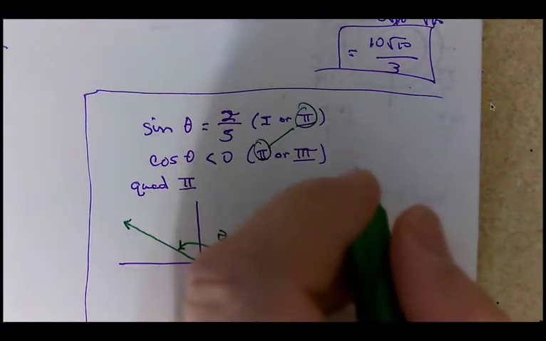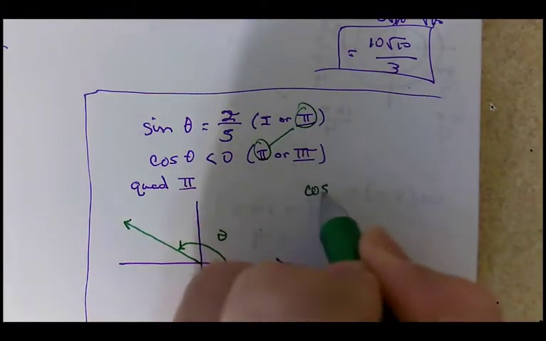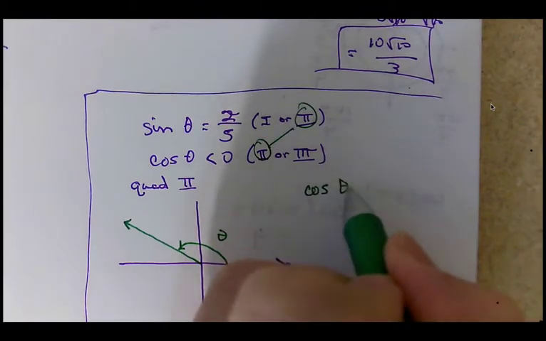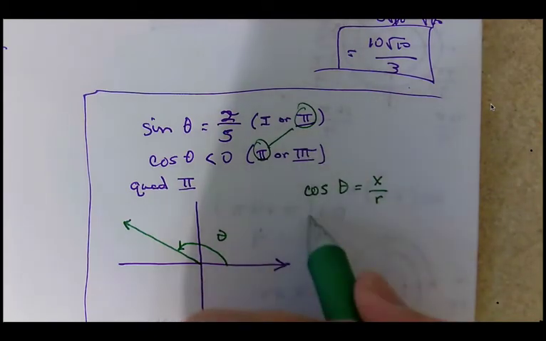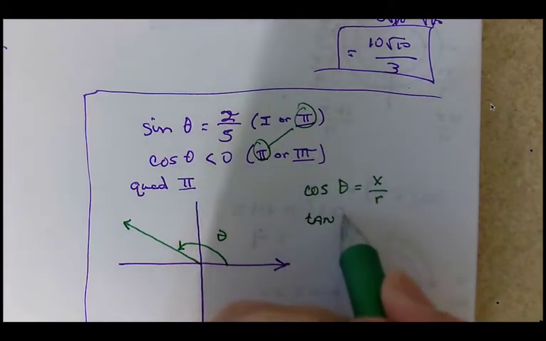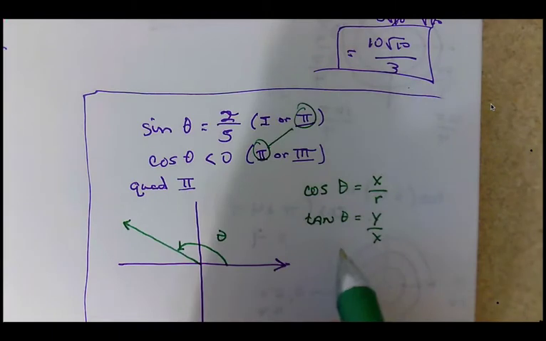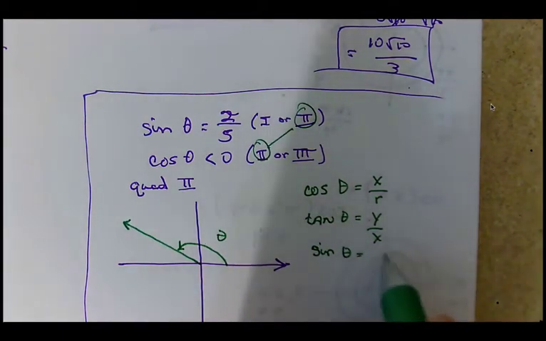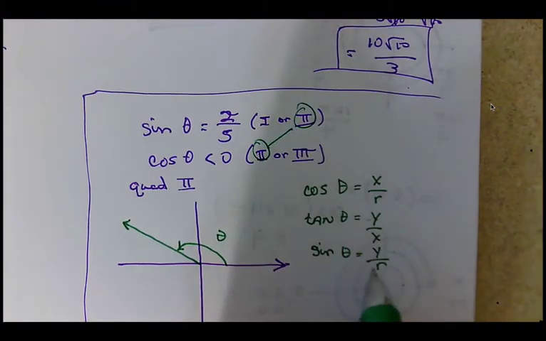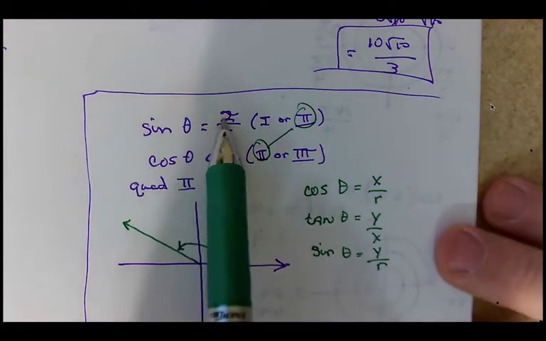We'll cover it real quick right now. Cosine of an angle is equal to x over r. Tangent of an angle is y over x, and sine of an angle is y over r.